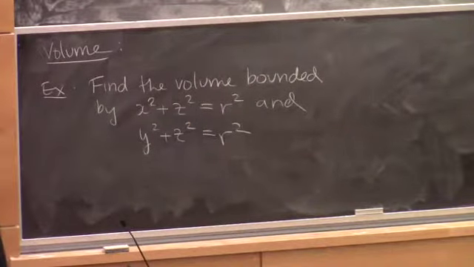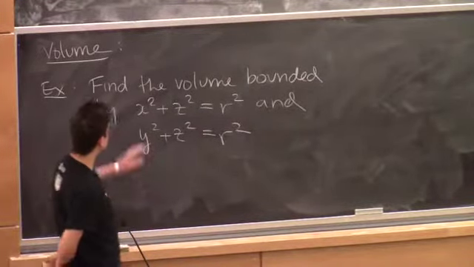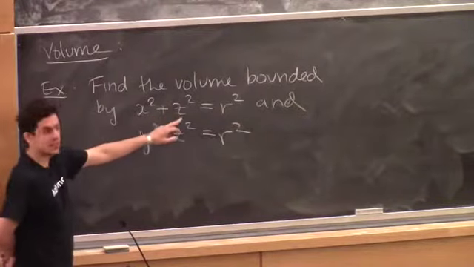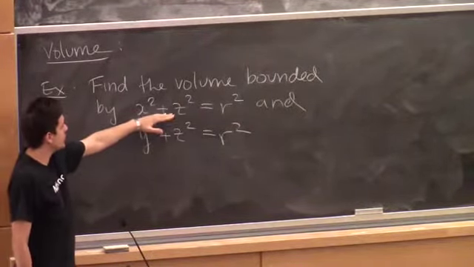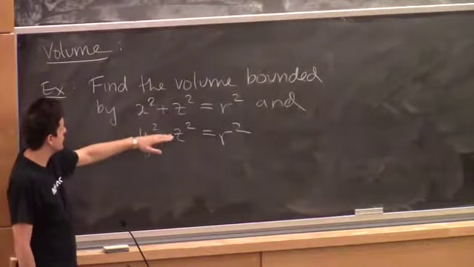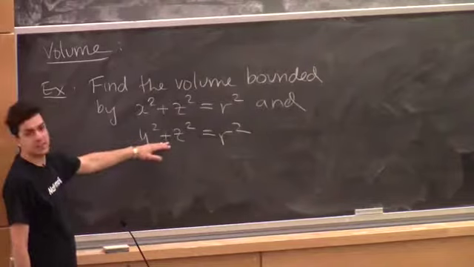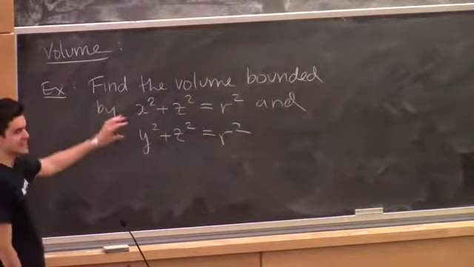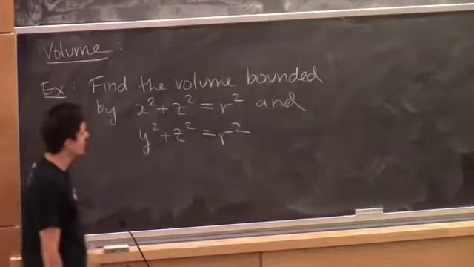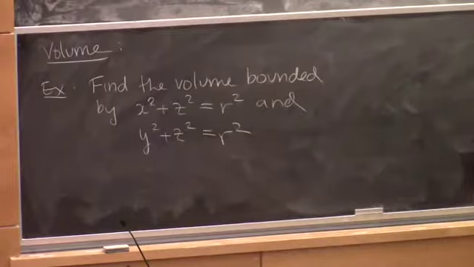So we want to find the volume bounded by these two cylinders. Here we've just got x's and z's involved, so y will vary freely over all possible values. And here we've got y's and z's, so x will range freely over all possible values. I like this example because it's very hard to draw. So we're going to go into drawing and see what we get.